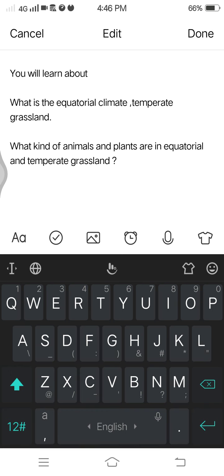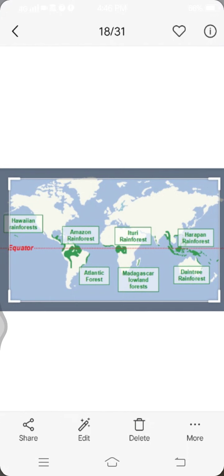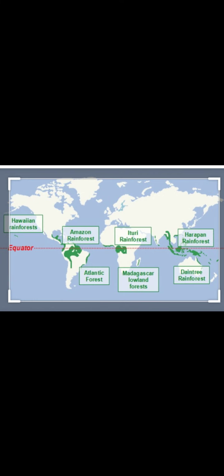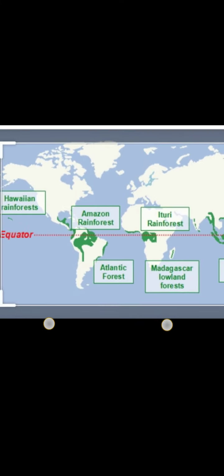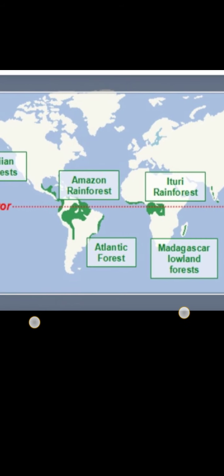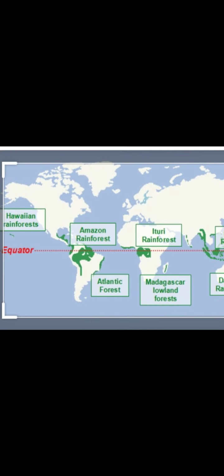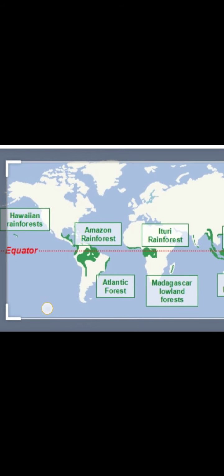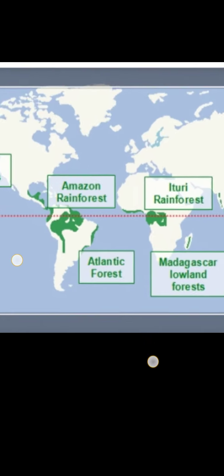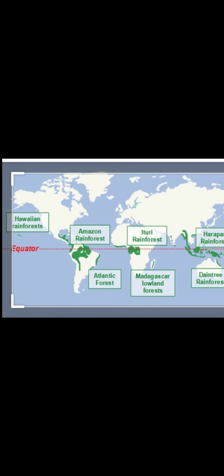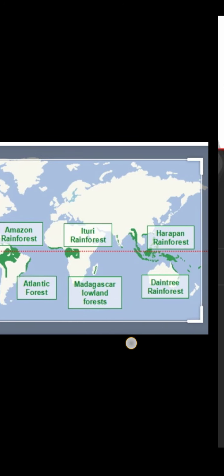First of all, in the equatorial climate, which is different from the monsoon we studied, the equatorial climates are found in the equator zone, and mostly the rainforests, the equatorial forests, are found in this region. You can look over here, they are mostly in the equatorial zone.